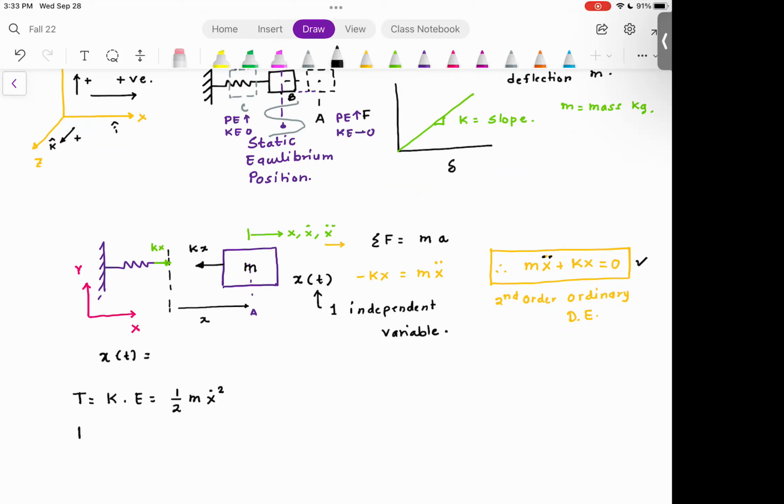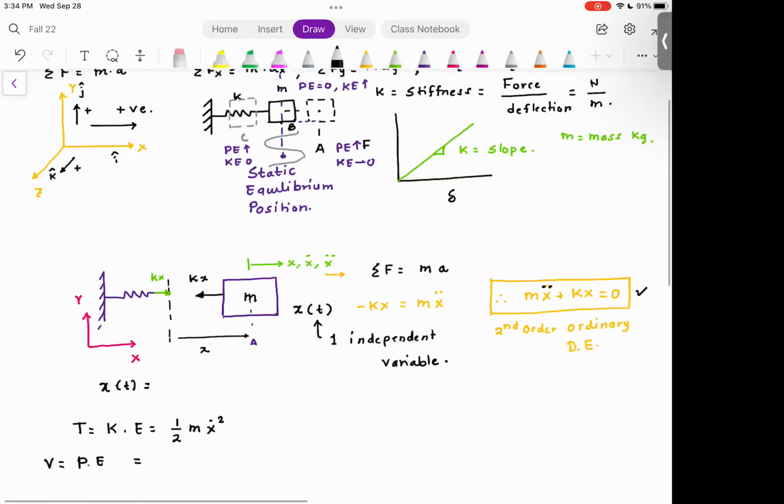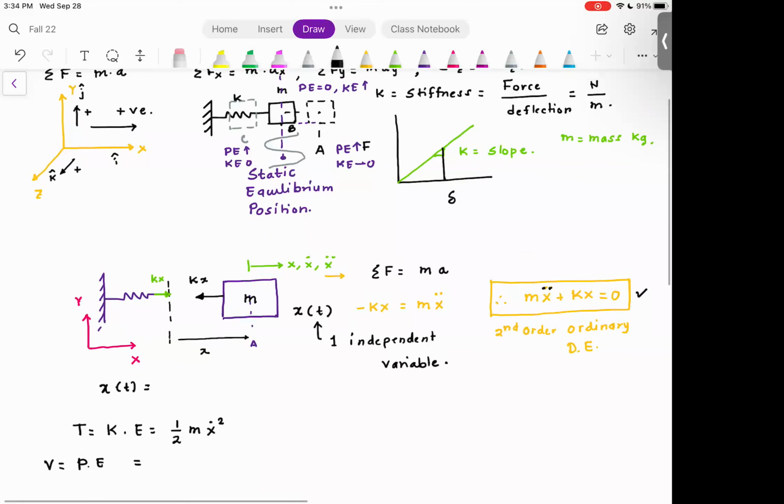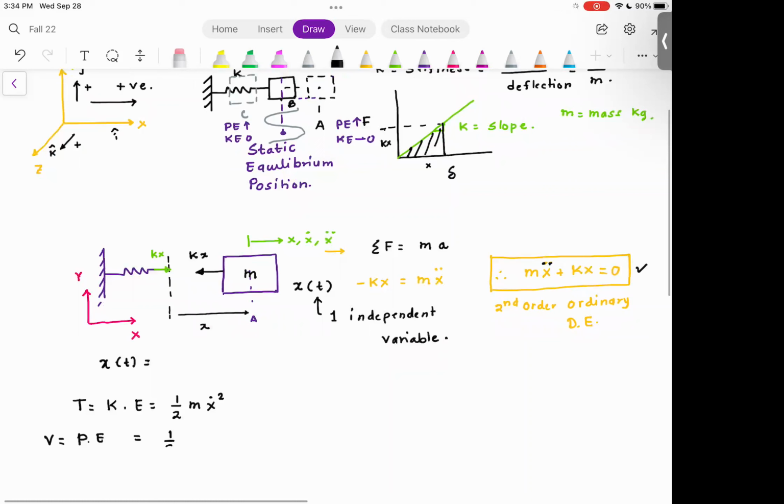Potential energy is given as V, and if you think about it, it is the area under this line, which is kx, this is x, and it's a triangle, so it is 1/2 k times x squared. This is the potential energy.